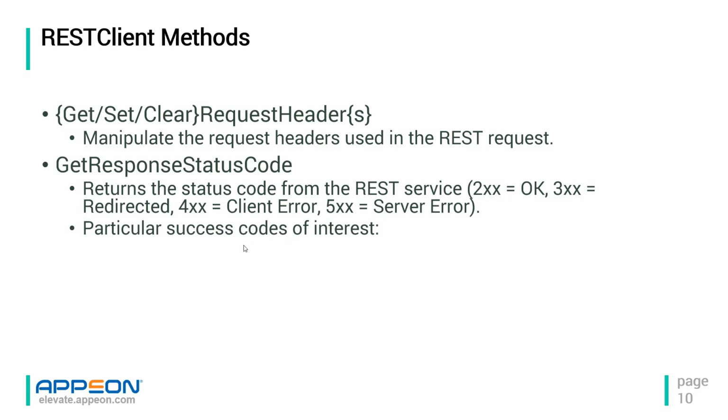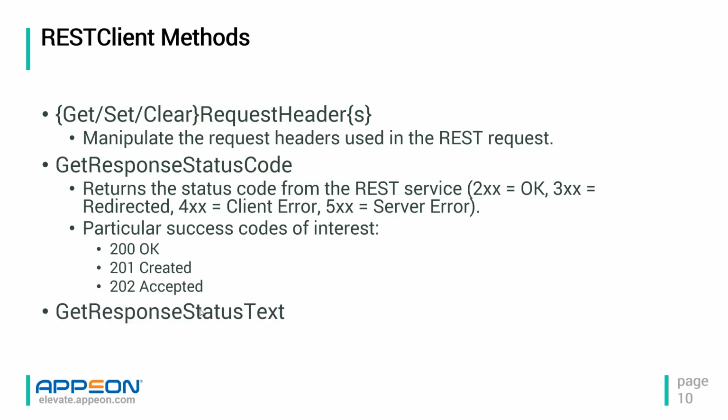For the success codes, this is what I was mentioning before. So 200 usually means okay. 201 usually means that you did an insert of a row, and so 201 means what you sent was created rather than just OK. And 202 usually means accepted. So those are the main response codes we're looking for.